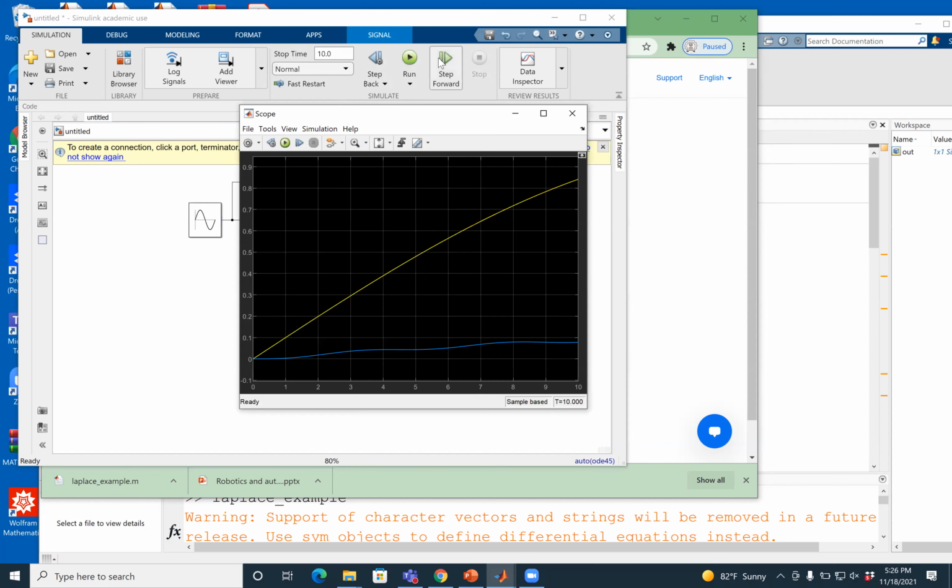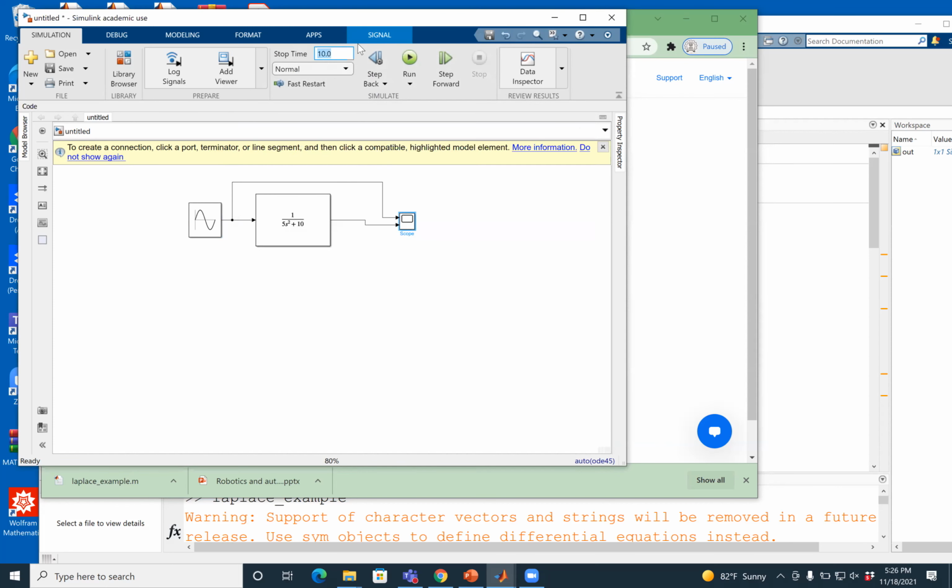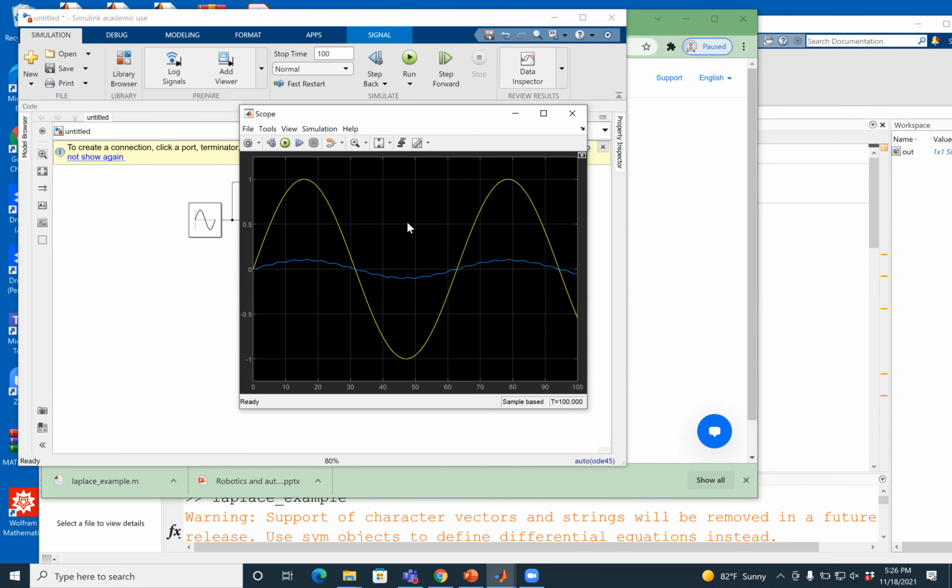Can you see that? So maybe stop time is say 100. That will give you a decent plot. So can you see that this is what we are seeing? Your input is shown in the yellow line and your output is shown in the blue line.